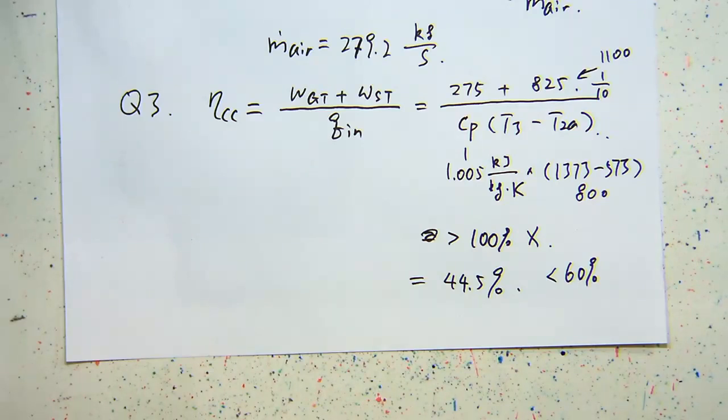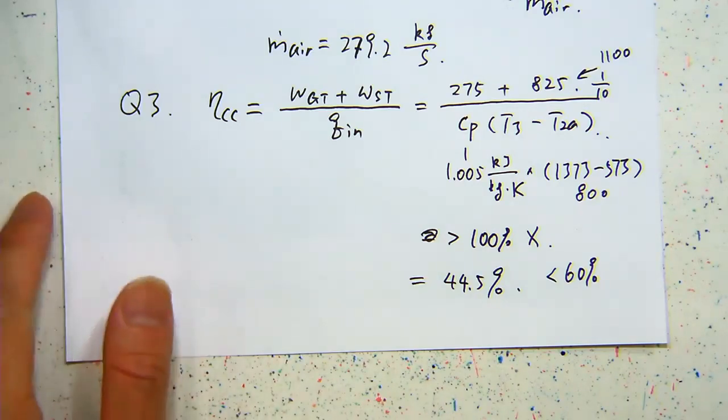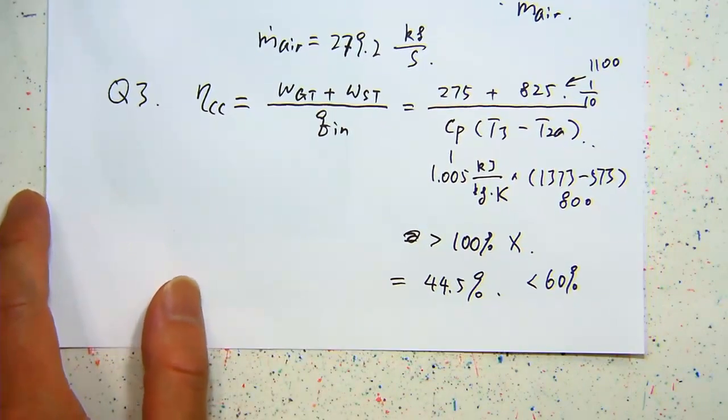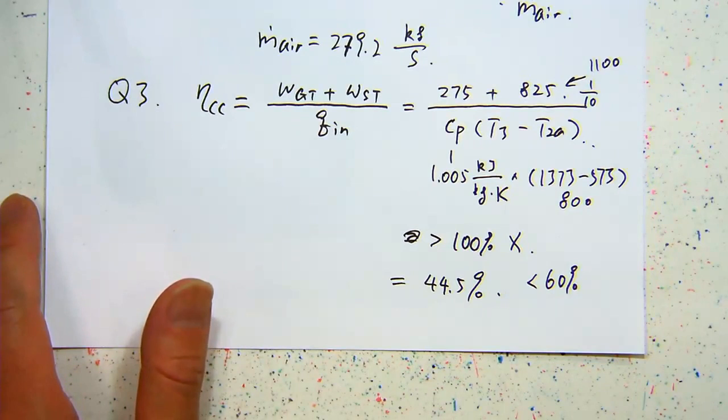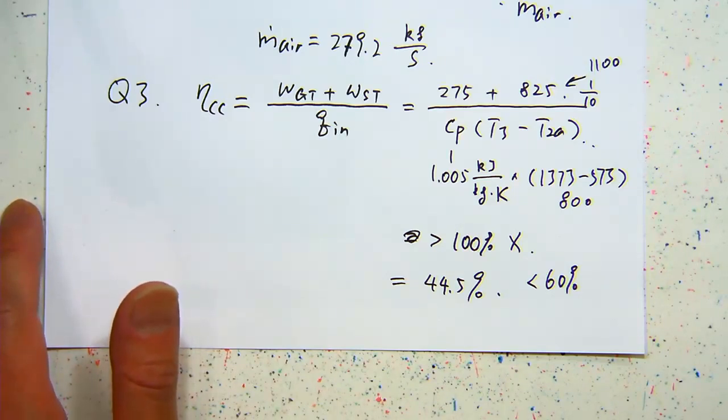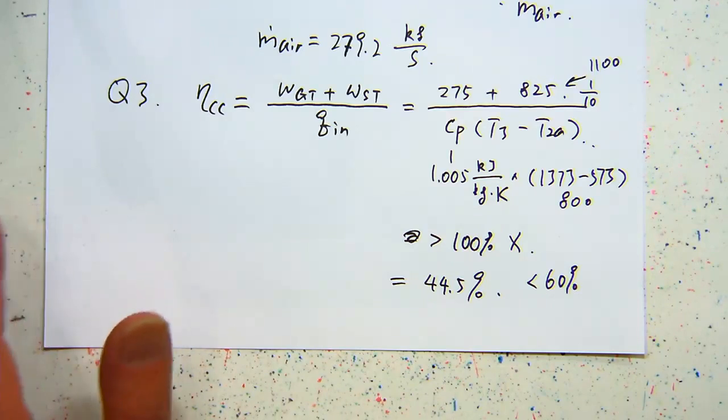If the question asks you to discuss this, what are the parameters controlling the efficiency for the gas turbine and the steam turbine? Temperature, the inlet temperature of the gas turbine and the steam turbine.